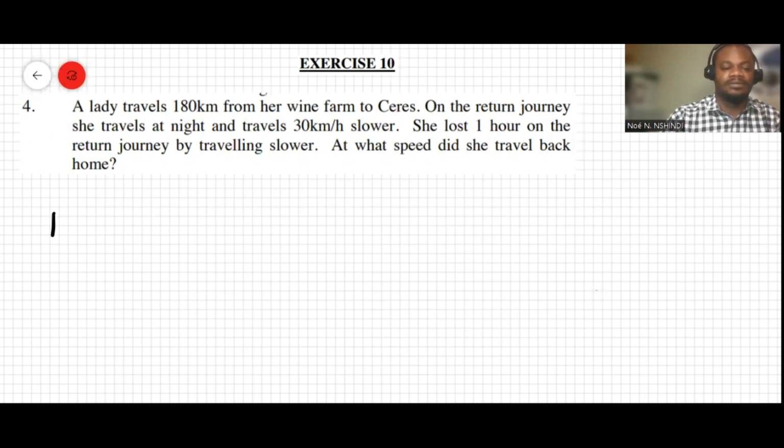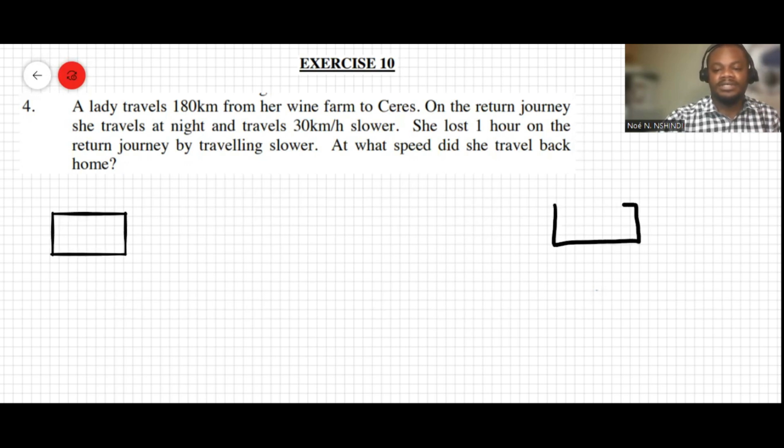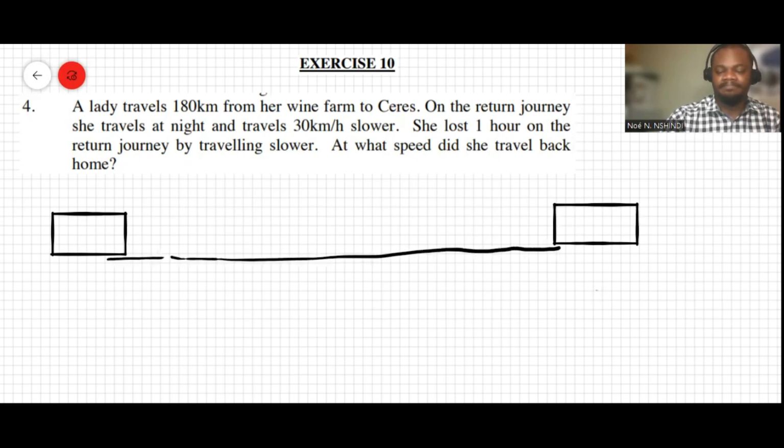Let's say the farm or where her place is here, and then Ceres is there, and that's the distance. Sometimes it's good to read it at least twice, so I'm going to read over to have a better understanding of the question.